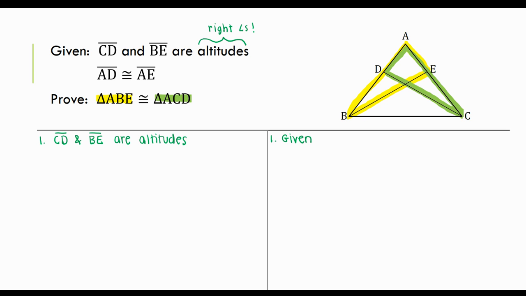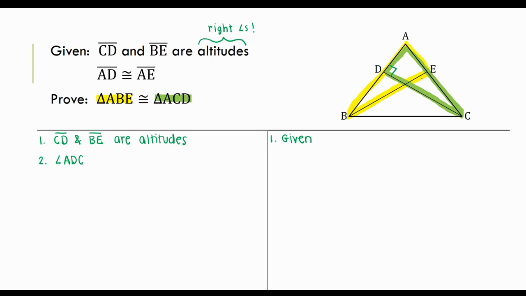If I start with the segment CD, we'll notice that it is perpendicular to the segment AB. So it's this angle right here, angle ADC. That's going to be a right angle. But because there are two altitudes, I also want to look at the segment BE. That's going to be perpendicular to the segment AC.